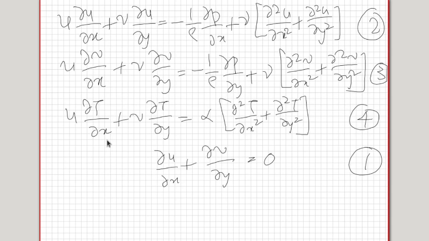It basically comes out of the fact that the phenomena of convection and diffusion of momentum and energy are analogous to each other.